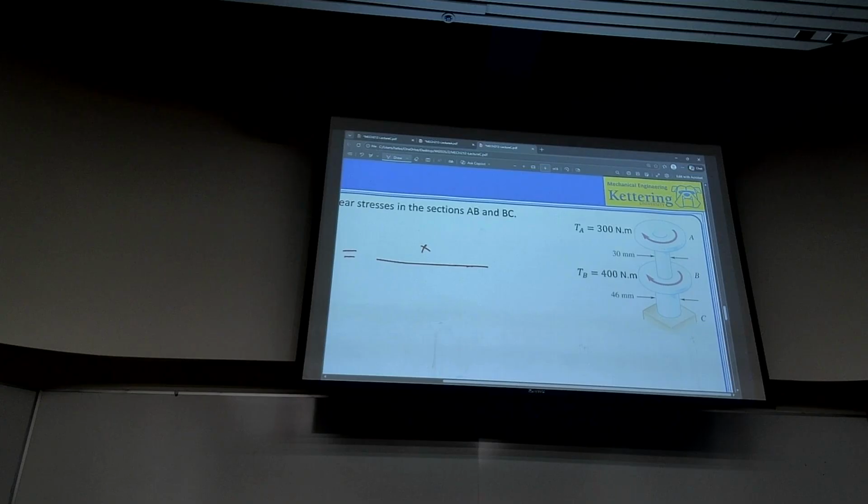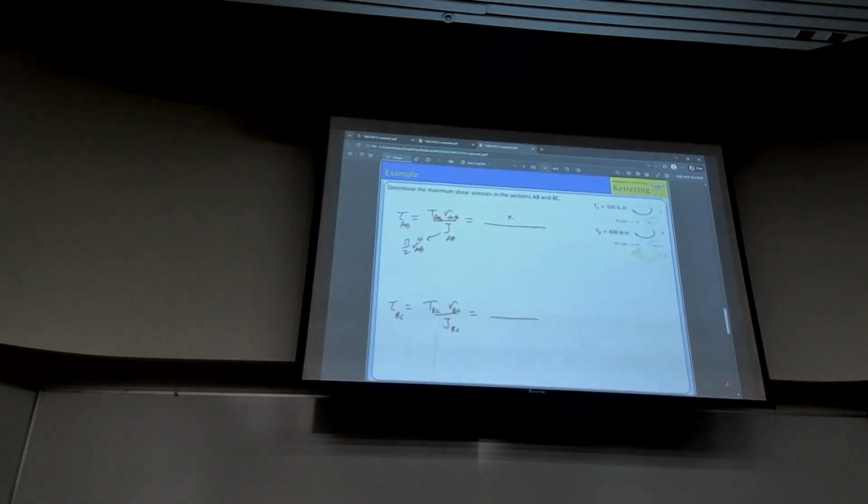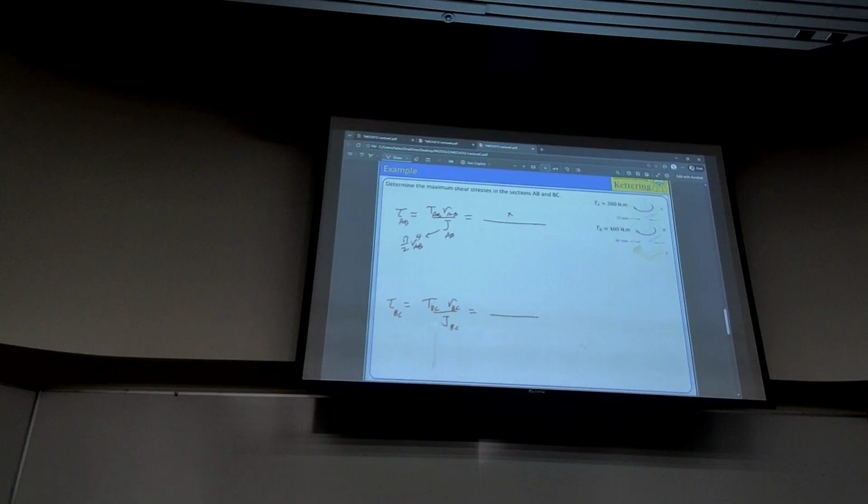So 30, 46. What's the radius? Sorry, that would be 15 and 23. And it's in millimeters, right? What's milli? 10 to the negative 3.